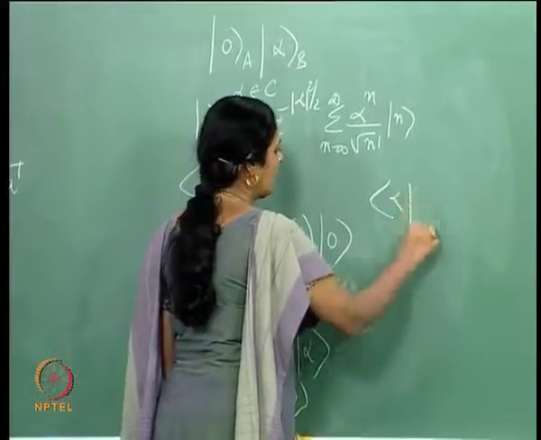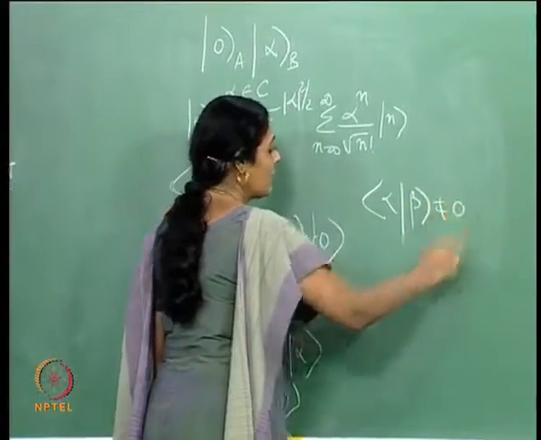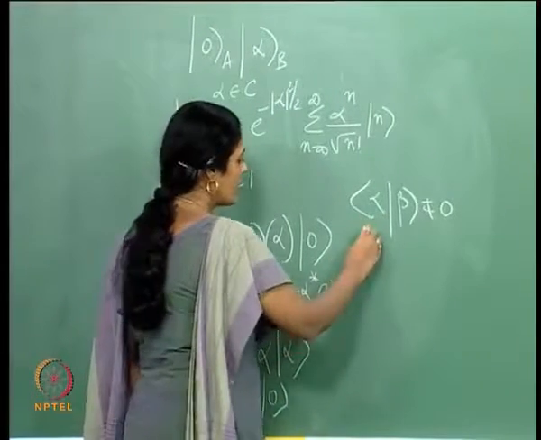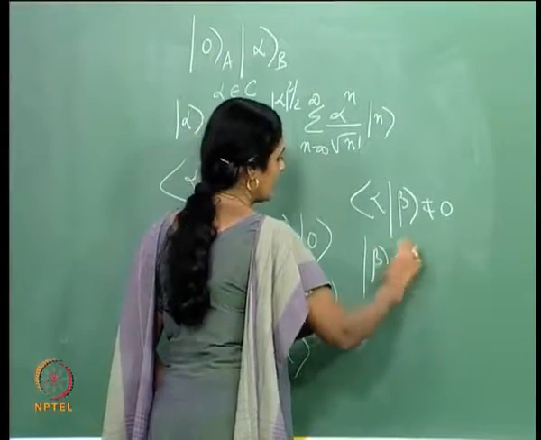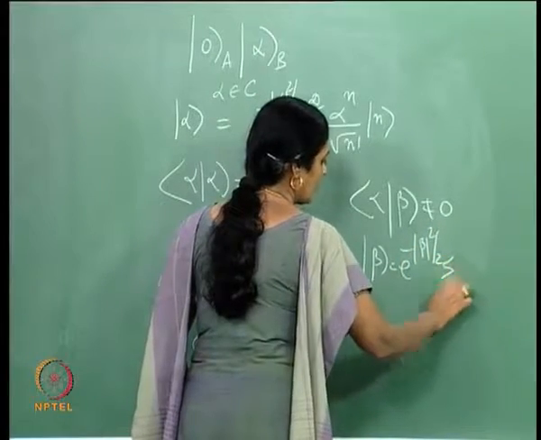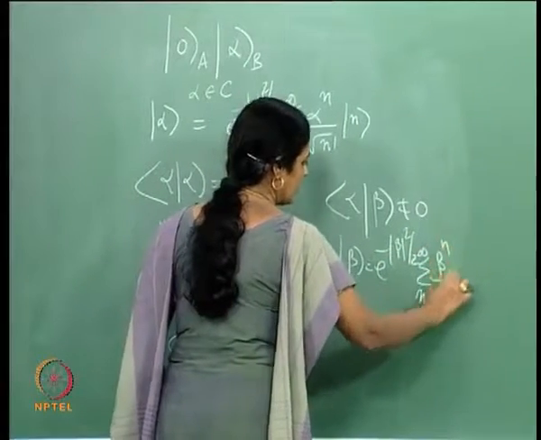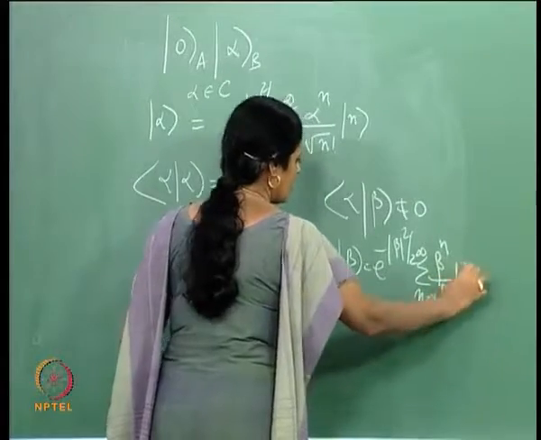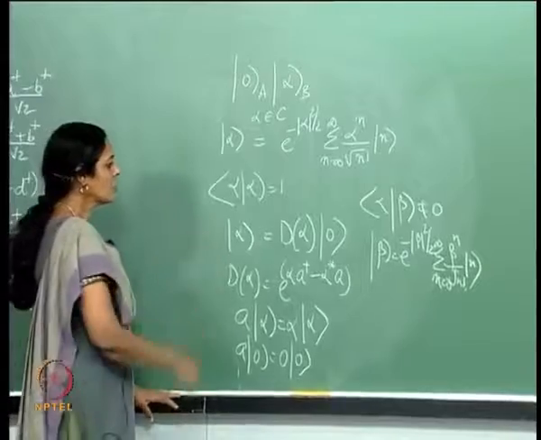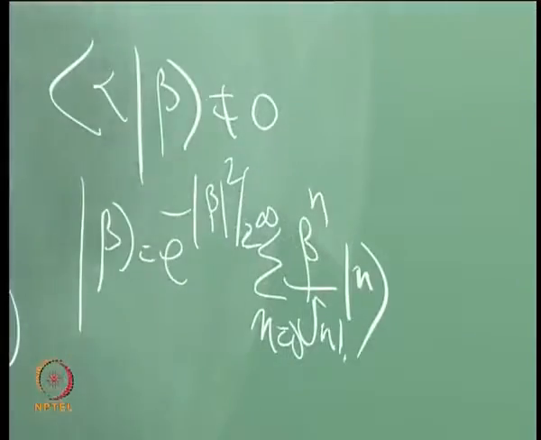Further, ⟨α|β⟩ is not equal to 0, where |β⟩ is another coherent state. So, this is what we had shown earlier.